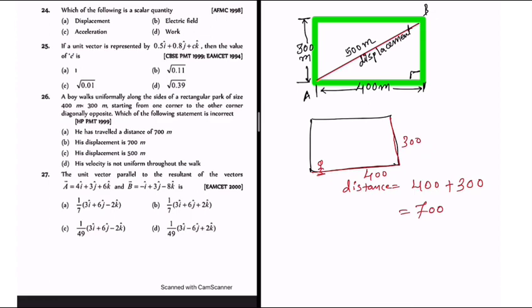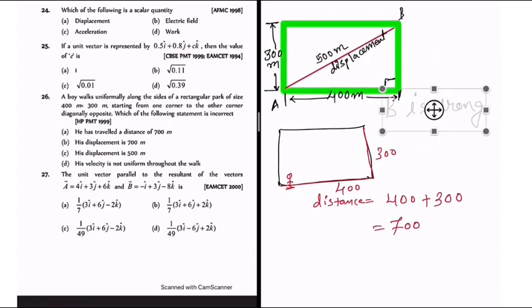His displacement is not 700 meter. B is wrong, because its displacement is 500, not 700.